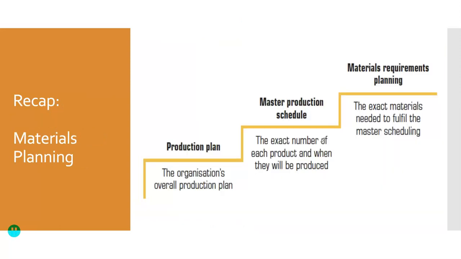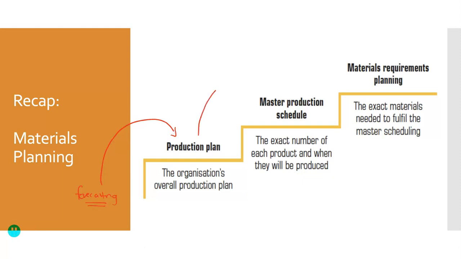So I want us to think of this as almost a three-step process. I almost put something prior to this. Businesses should do forecasting, looking at data from previous and current periods to work out future needs. Using this forecasting, they should do a production plan, which is an organization's overall production plan, thinking about what they're going to do and how much they need to produce.